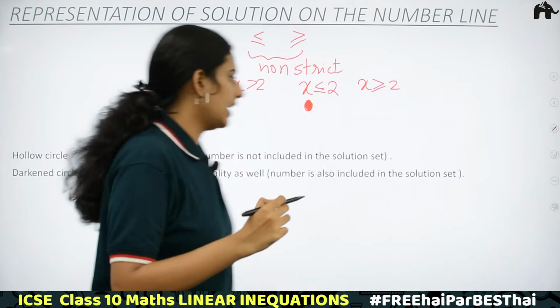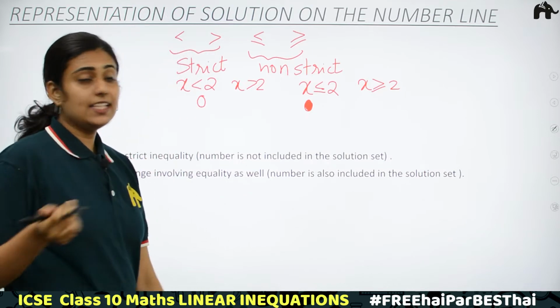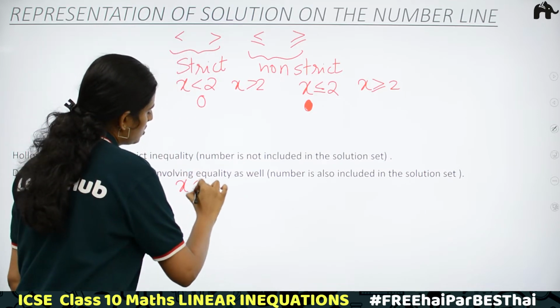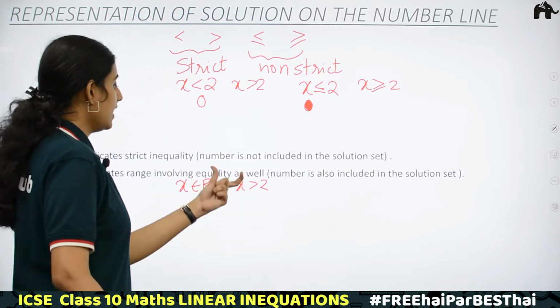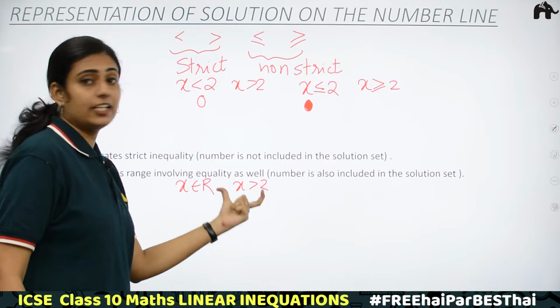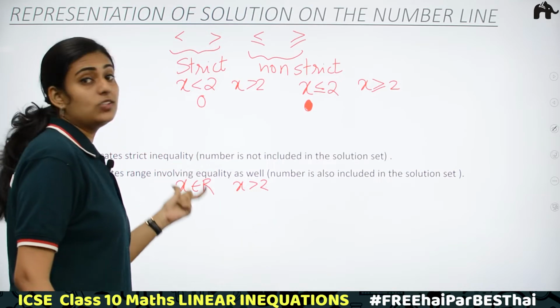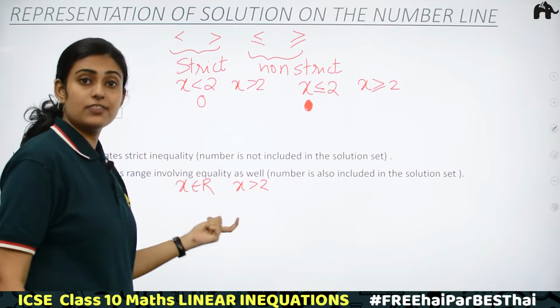For example, now let us take the case of real numbers. X belongs to real numbers and x greater than 2. Here again x greater than 2 is the inequality that we are taking, and now the x is belonging to the set of real numbers.